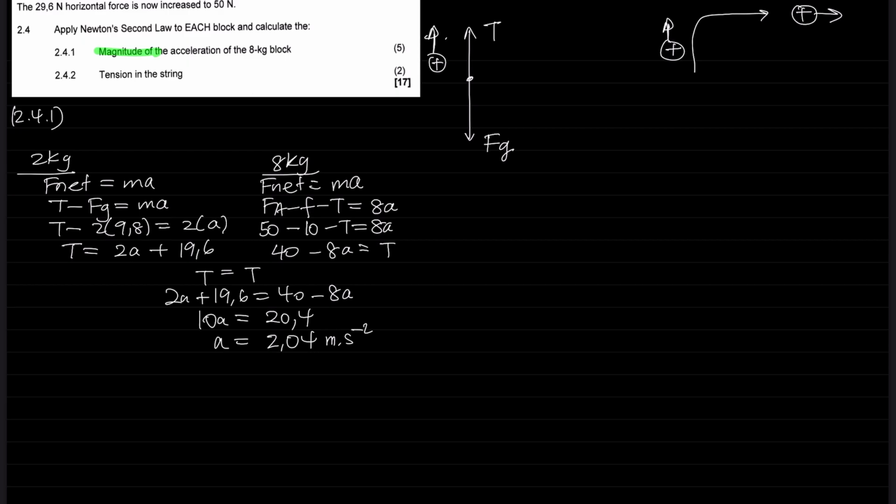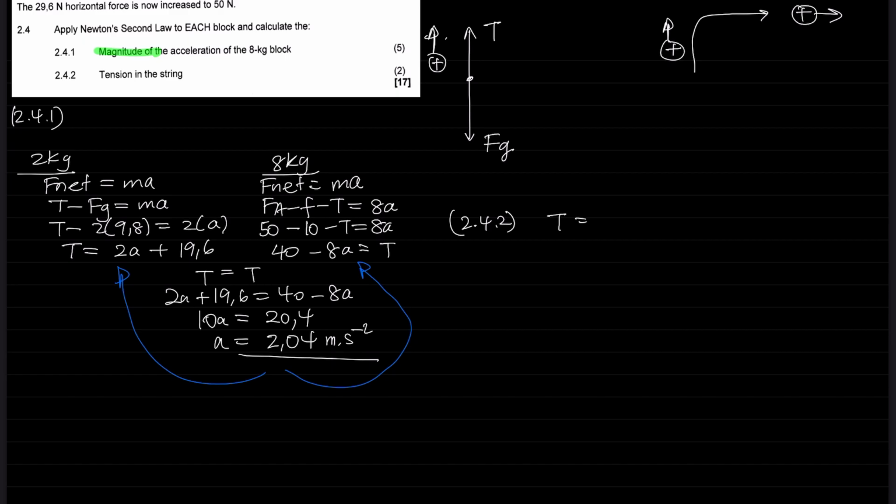Okay, let's solve the last question. The last question says, calculate the tension in the string. Once we have the acceleration, we can substitute it in either one of the equations. Both will give us the same answer. So let's use the first one.